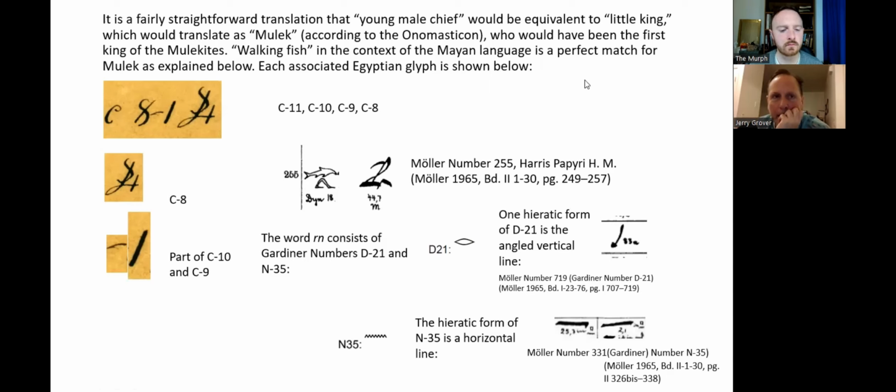And then the walking fish glyph, this kind of more fancy glyph here, is an interesting one because it can actually mean like Mulek has king, but Mulek was not a king in the Book of Mormon.